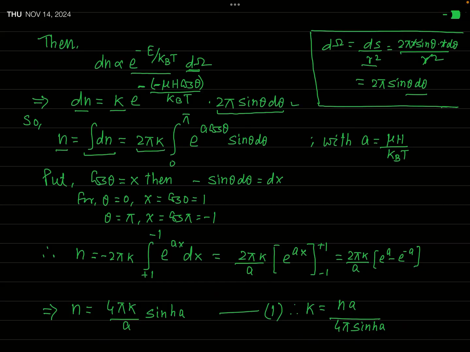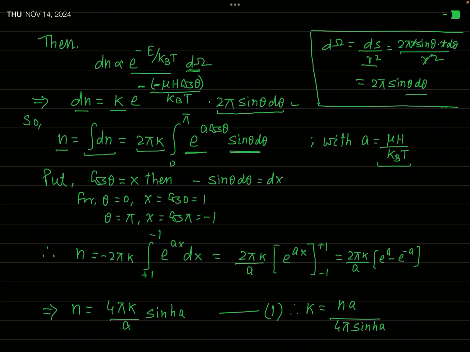Actually, this 2 pi k is a constant factor, so it is outside of the integral, and inside the integral we will have e to the power a cos theta sine theta d theta. Here a has been written for mu h over kb times t. For this I have assumed a. So the integrand will be e to the power a cos theta times sine theta d theta, and the limit for theta is 0 to pi. You can see.